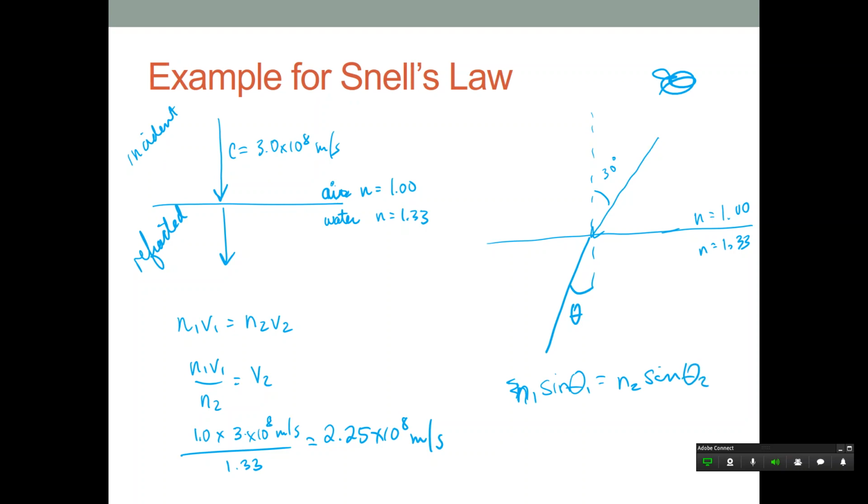We have all values except theta 2, so sine inverse of N1 sine theta 1 over N2 is equal to theta 2. So give me a value for that, please. How much? 22? 22.1? I'm out here at 22. 22 degrees.